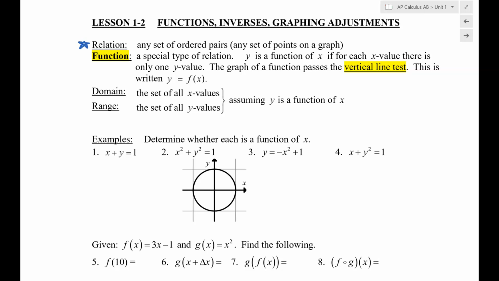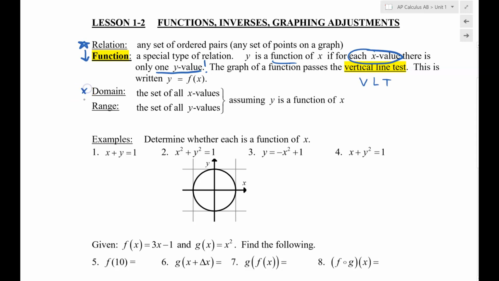What makes a relation a function is that y is a function of x, and the main way that we can tell if this is true is that for each x value there is only one y value. That's very, very important. An even easier way to tell this visually is with the vertical line test, the VLT, not the BLT, the VLT.